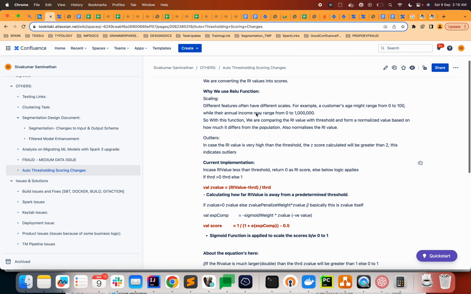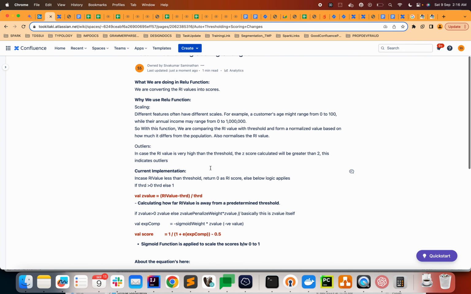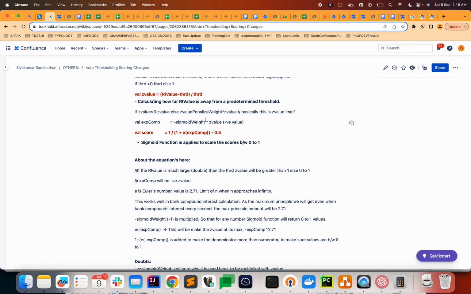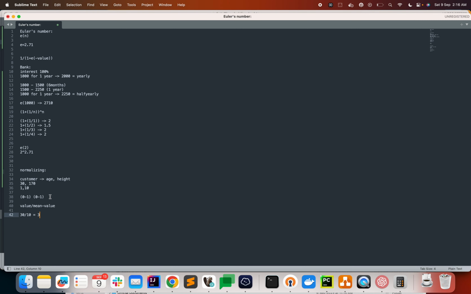We want 0 to 1. Sorry, the formula is mean minus threshold value divided by value. This is the formula to normalize a value, which is mean minus value divided by the value.